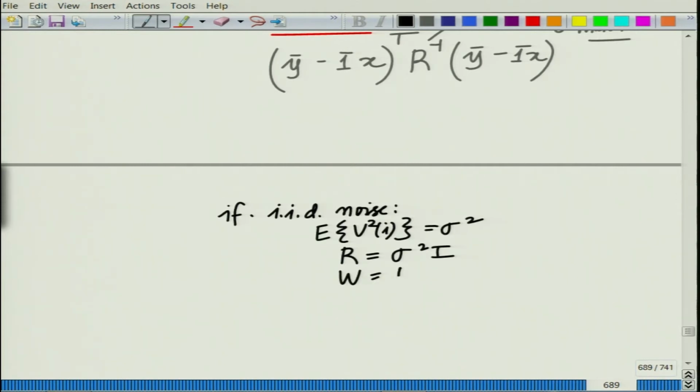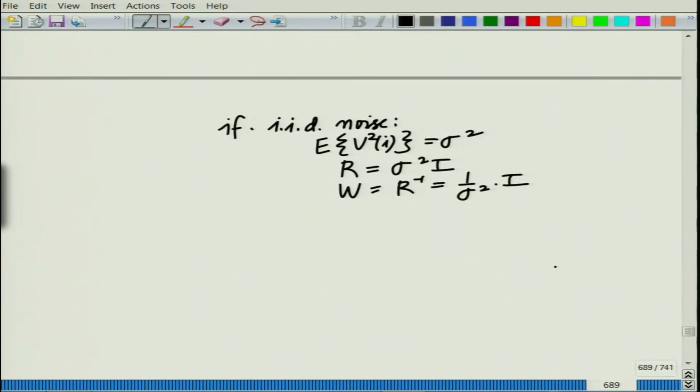The weighting matrix becomes the inverse of the covariance, which is 1 over sigma square times identity, and the problem becomes y bar minus 1 bar x transpose, 1 over sigma square times identity, y bar minus 1 bar x.